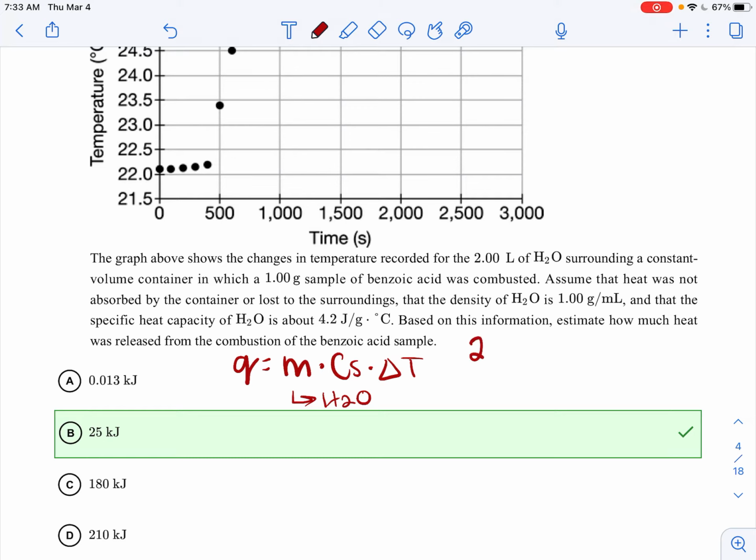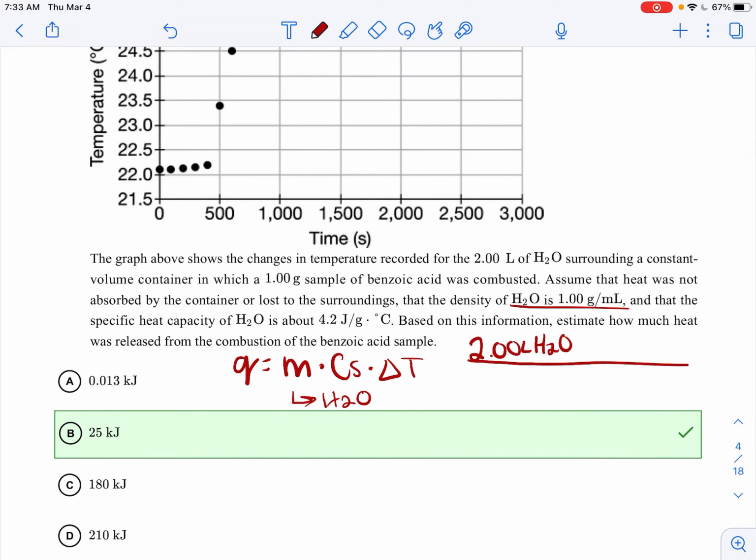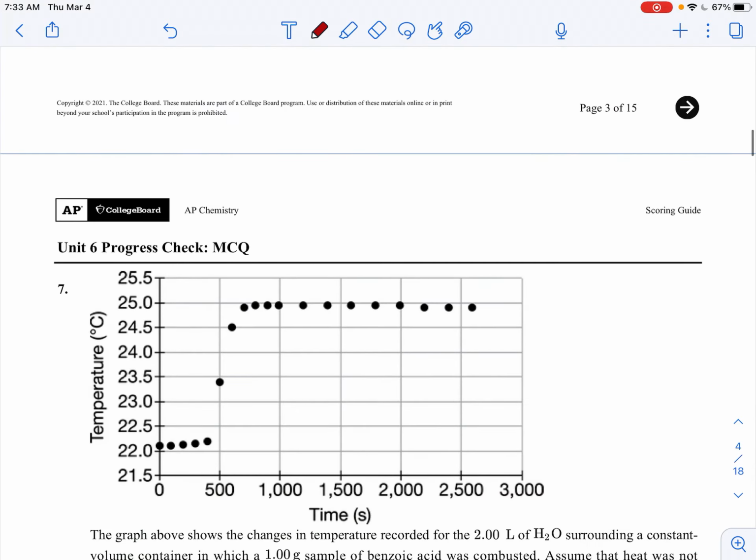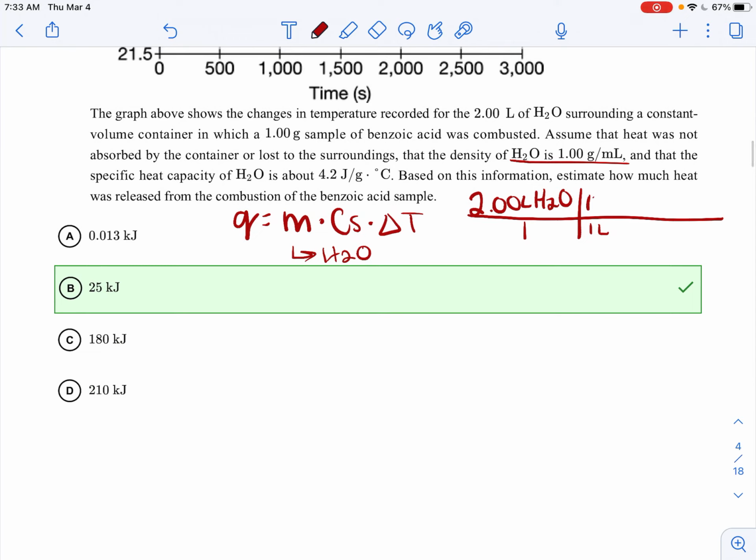Now we're given 2 liters of water. Okay, and our density is given as 1 gram per milliliter. So we want to first convert the liters to milliliters. So 1 liter, there's 1,000 milliliters. And then we want to convert milliliters to grams using the density. In 1 milliliter, there's 1 gram.